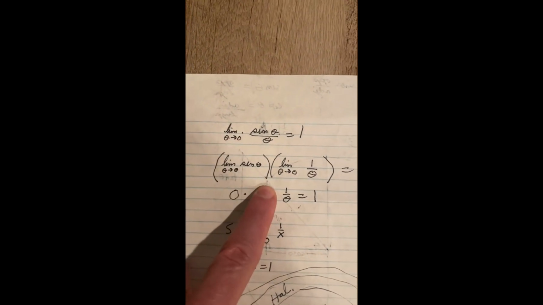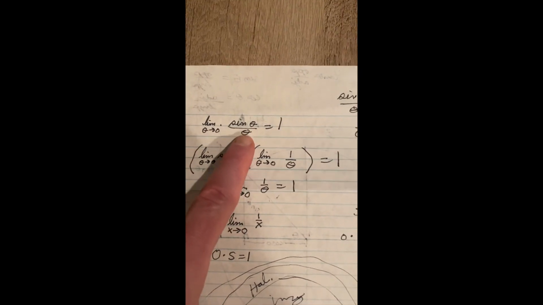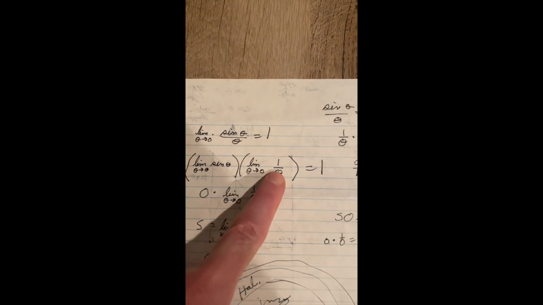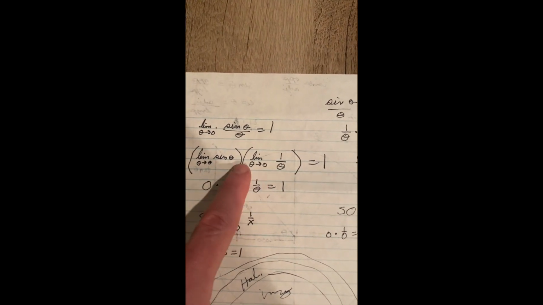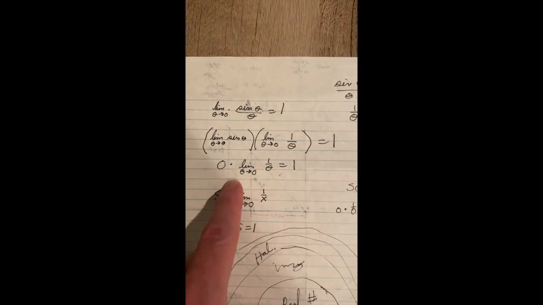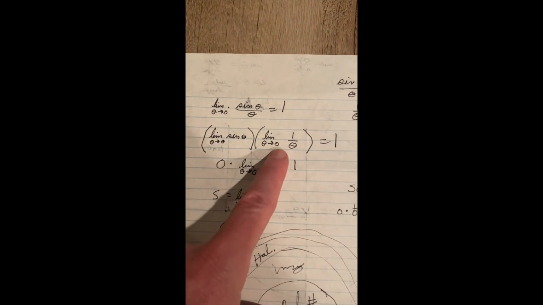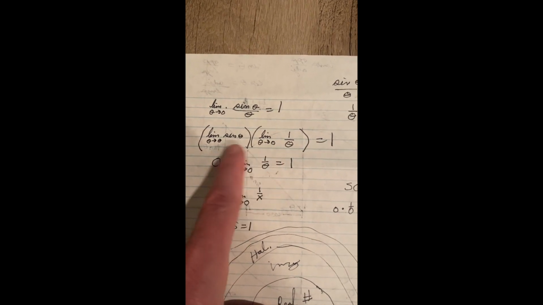Now we're going to break this out and say the sine of theta times 1 over theta, and we have the limits of all that, and all this equals 1. Let's do the sine first.